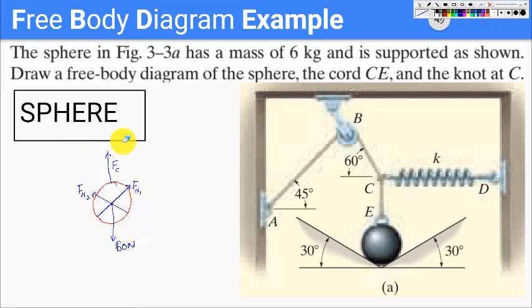So this is the free body diagram of the sphere. Notice that all of these forces are basically passing through the same point, which is the center of the sphere. So we can assume that this sphere acts just like a particle.